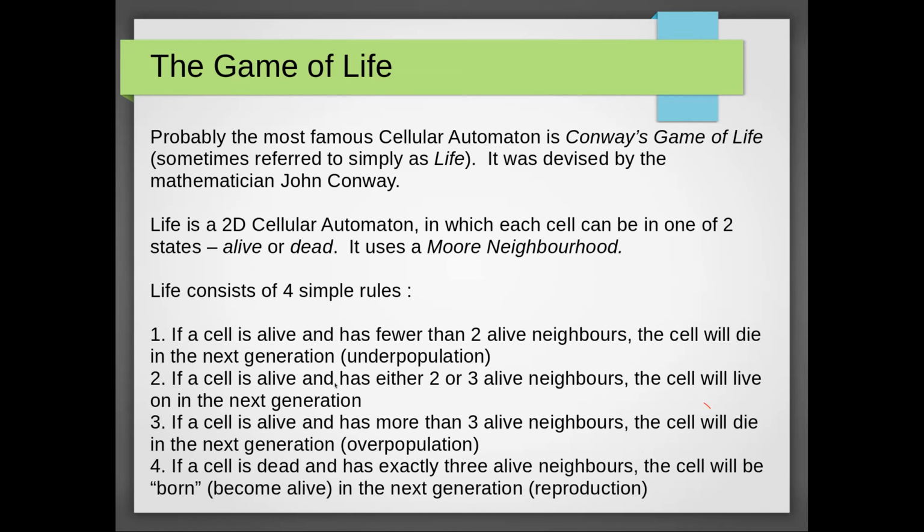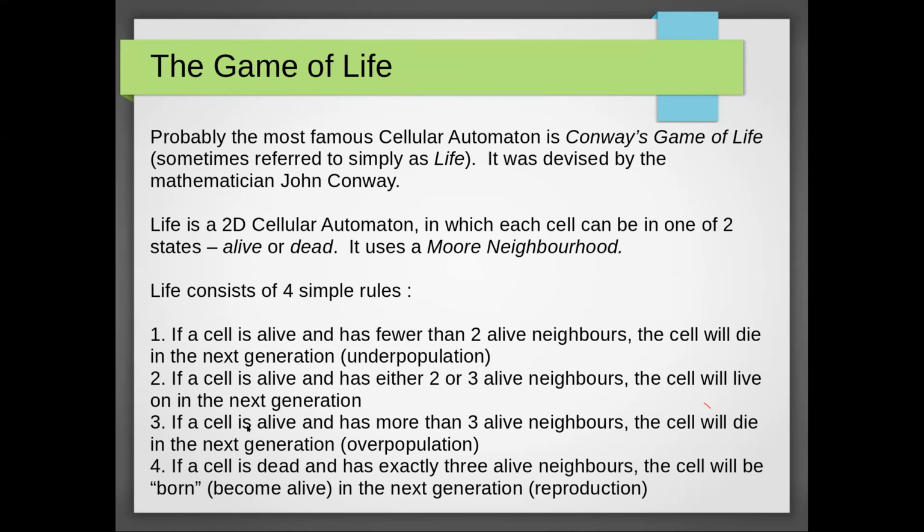That's a stable state. If it's alive in one generation and there are more than 3 alive neighbors, then it will die in the next generation through overpopulation. So it needs 2 or 3 neighbors to survive. If there are fewer than 2, it dies because of underpopulation, and if there are more than 3, it dies through overpopulation.